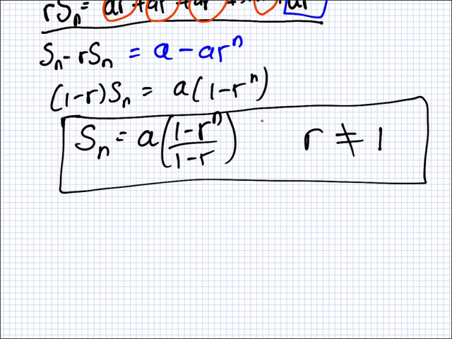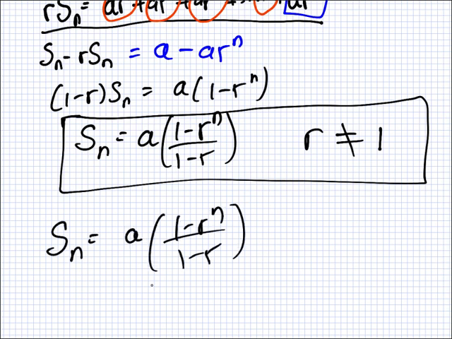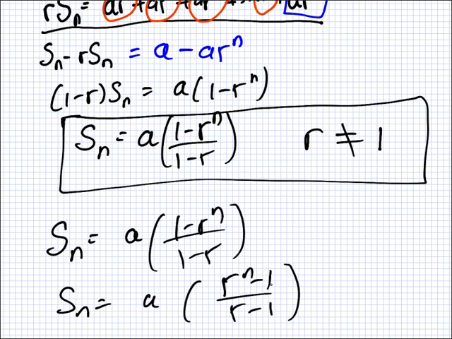I know. Some of you are also thinking that there's a second formula here, that Sn equals a times r to the n minus 1 over r minus 1. Yeah, I know what you're thinking.